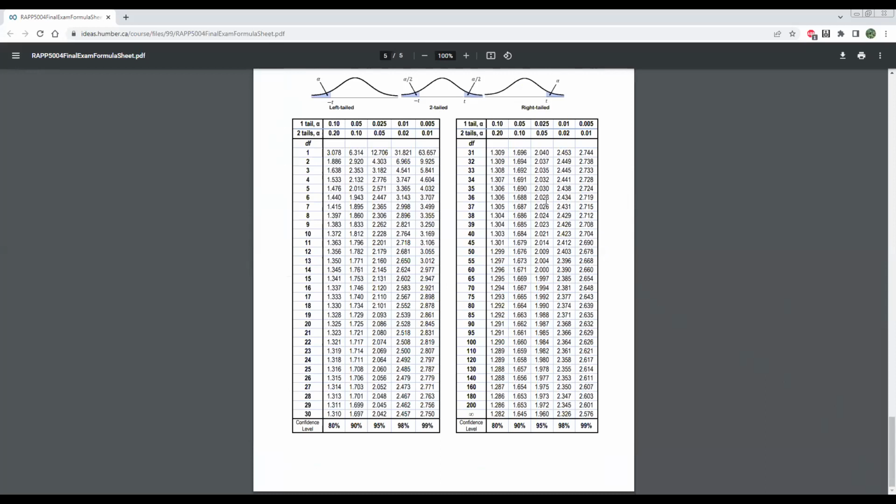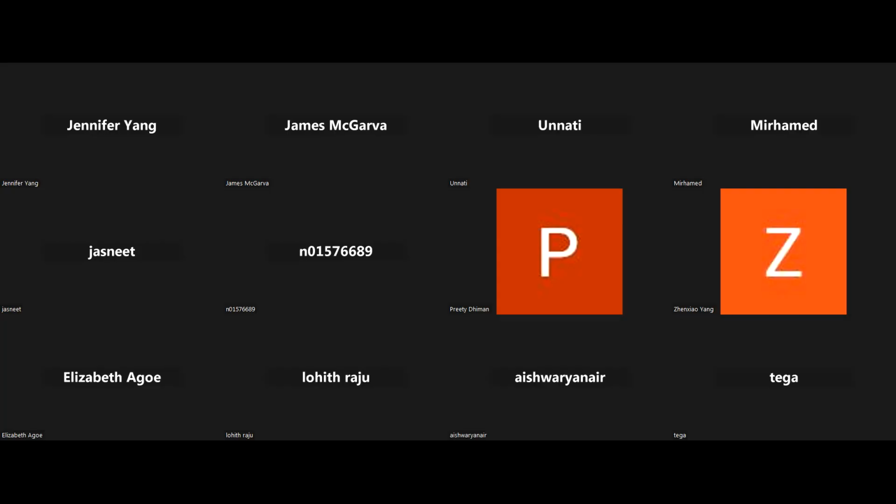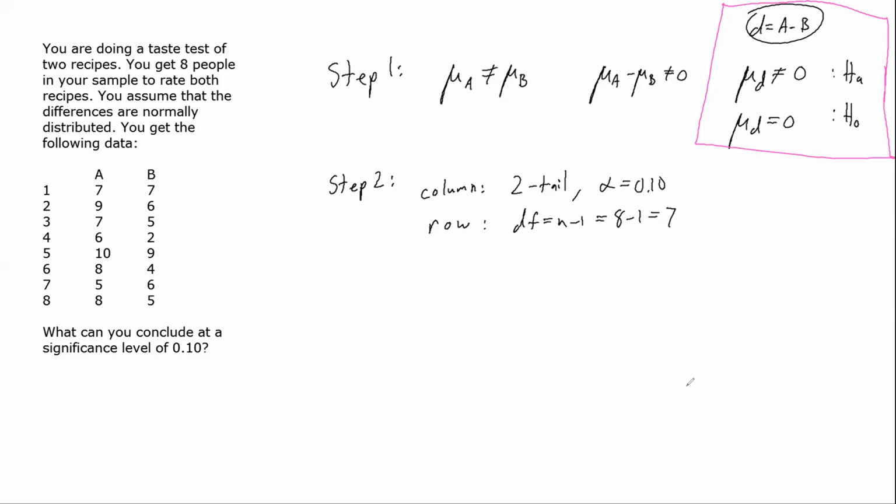We're looking at two tails, alpha is 0.1, so we're looking at this column here, and we're looking on row 7. So there we are, 1.895. 1.895 is our critical value. So this is t alpha over 2 is 1.895, and it should be plus or minus because we're doing two-tail here.